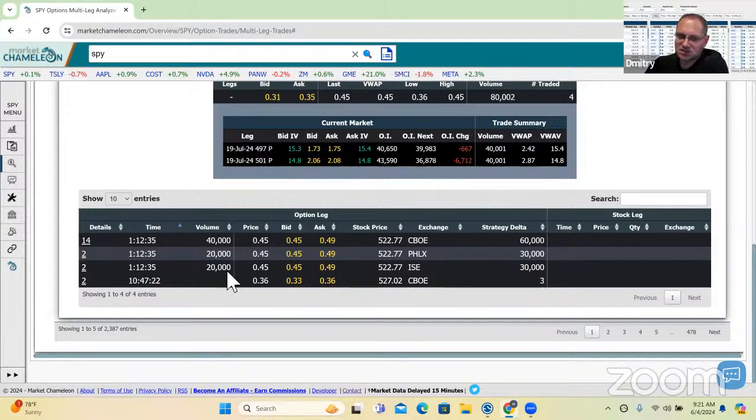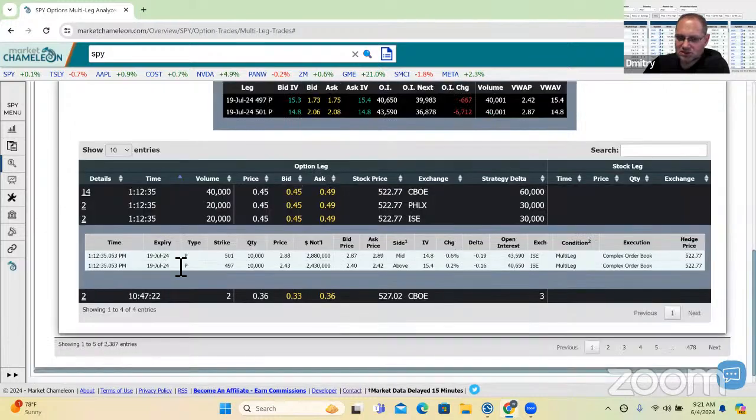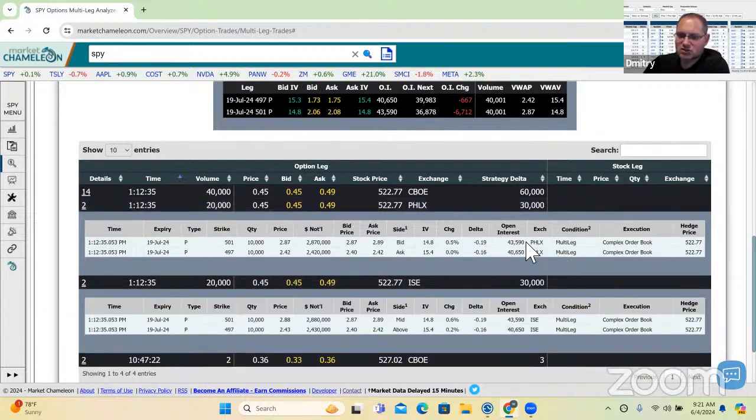That's the PHLX. Then 20,000 traded on the ICE exchange. Okay. And if we opened up the details, then we could see here are the prices, notional value, and you could see here that these traded on the ICE exchange. So if you open this one up, this one traded on the PHLX. Okay, so it was on their complex order book.